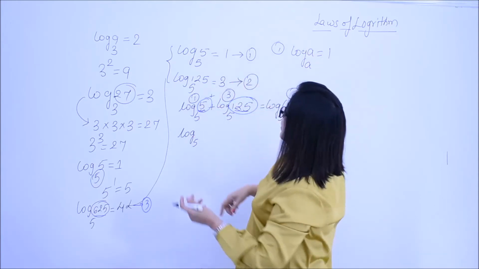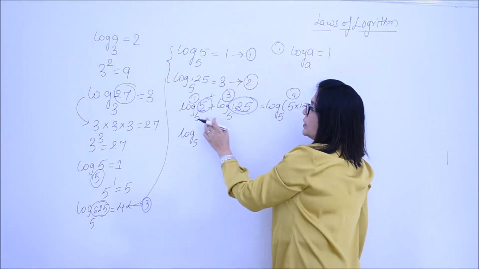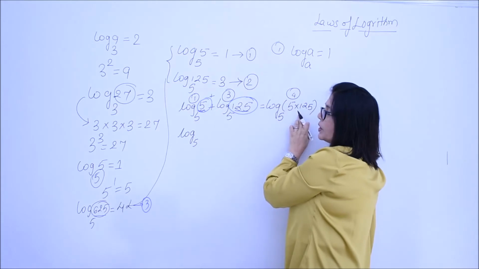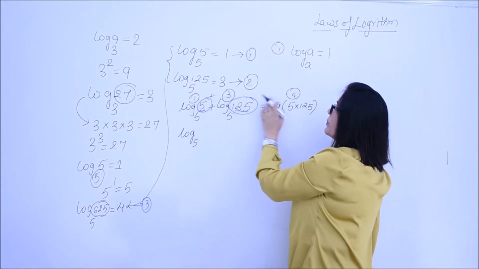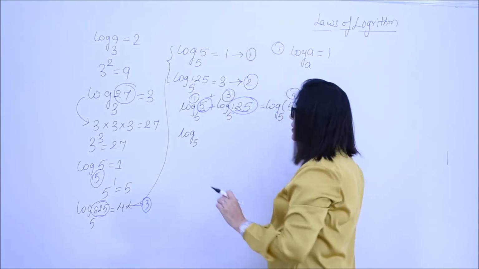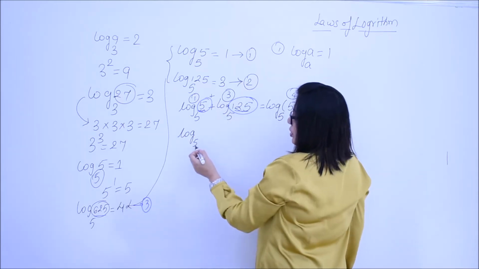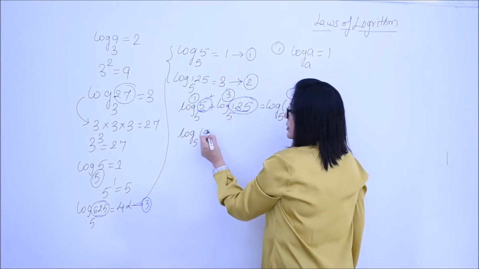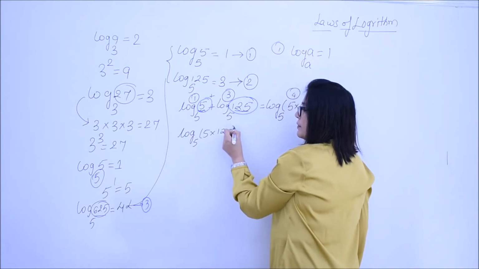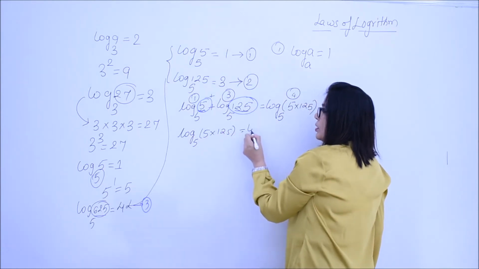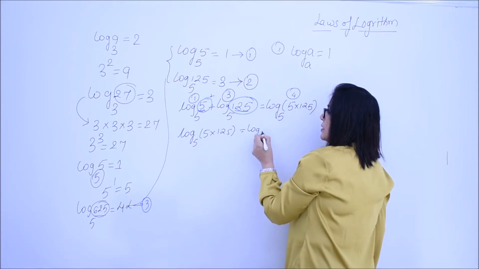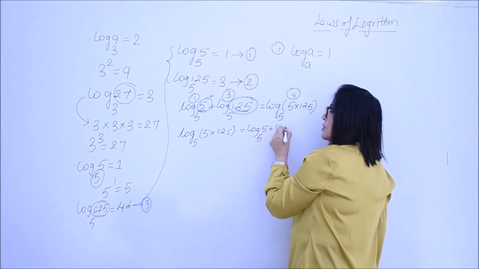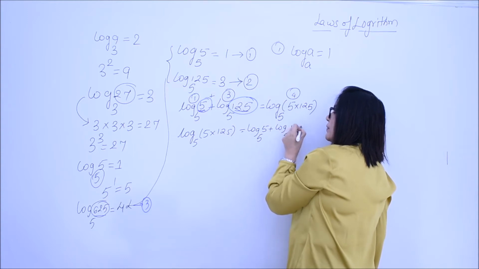But over here, when we try to add these two equations, we end up getting this relation between them, which satisfies my condition, 1 plus 3 equal to 4. And therefore, I can say that log to the base 5 of a into b, that is 5 into 125, gives me log to the base 5 of 5 plus log to the base 5 of 125.